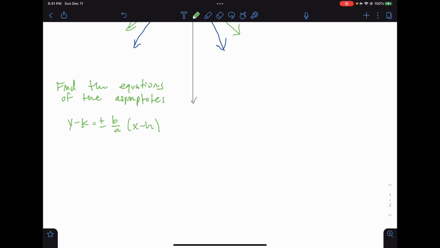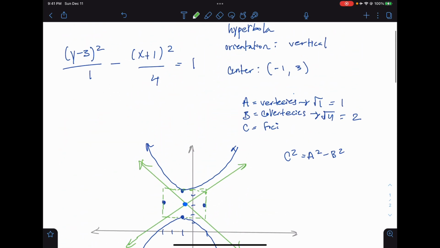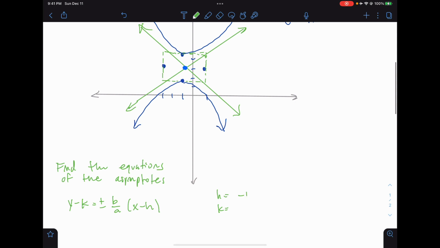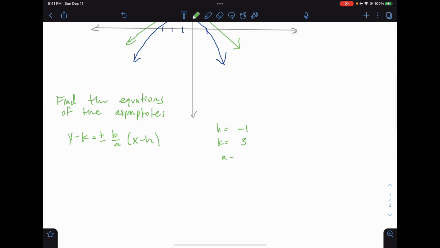So the h and the k are the center coordinates. So -1 and 3. And then the a and the b. So the a is the square root of the x denominator, and then the b is the square root of the y denominator.